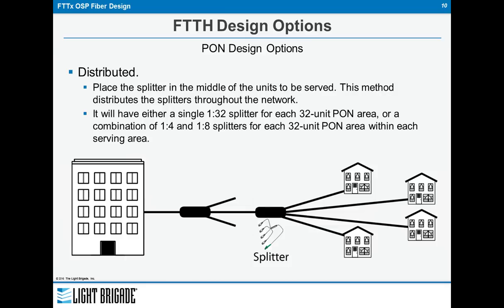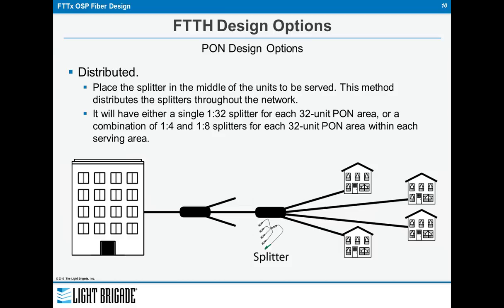One of the disadvantages of this design type is that all the capital cost for line terminals and splitters has to be in place day one, because you don't know who's going to sign up for your service, and you can't incrementally add those items as you grow. So that is on the disadvantage side.